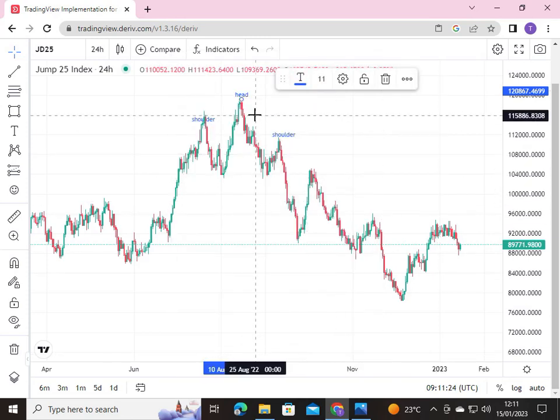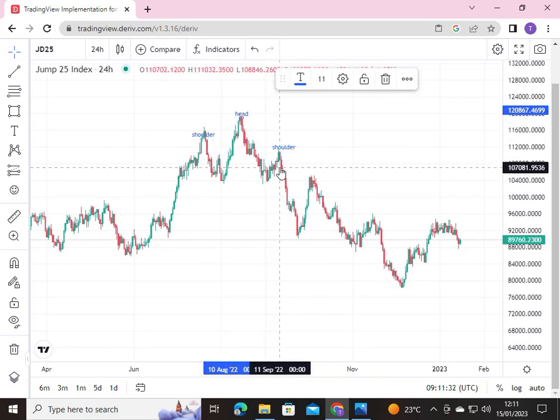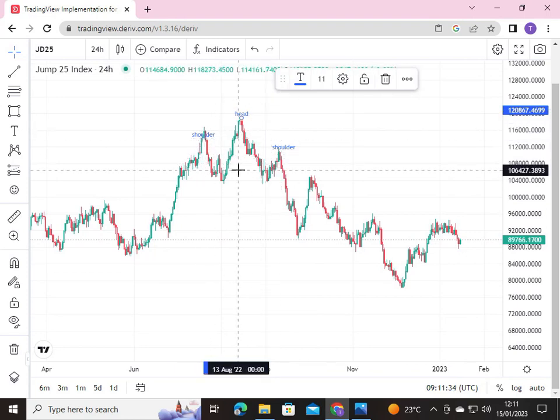You can see this is a very straightforward head and shoulders pattern. If you were here, you could have taken all these trades and eaten with a big spoon.